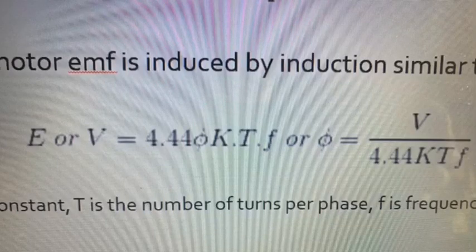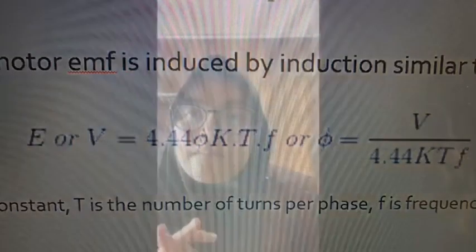In a 3-phase induction motor, EMF is induced by induction similar to that of a transformer, which is given by this, where K is the winding constant, T is the number of turns per phase, and F is the frequency.